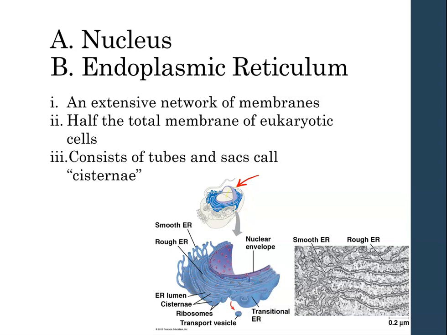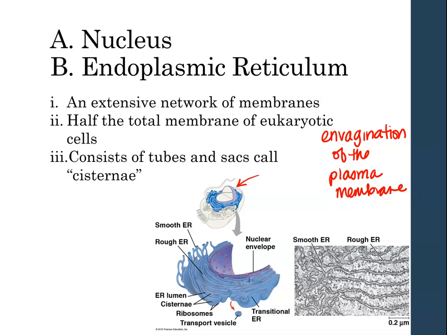It is a large portion of the total membrane that is found in eukaryotic cells, and it is thought to have evolved by invagination, or pinching in, of the plasma membrane. So this entire system evolved that way.